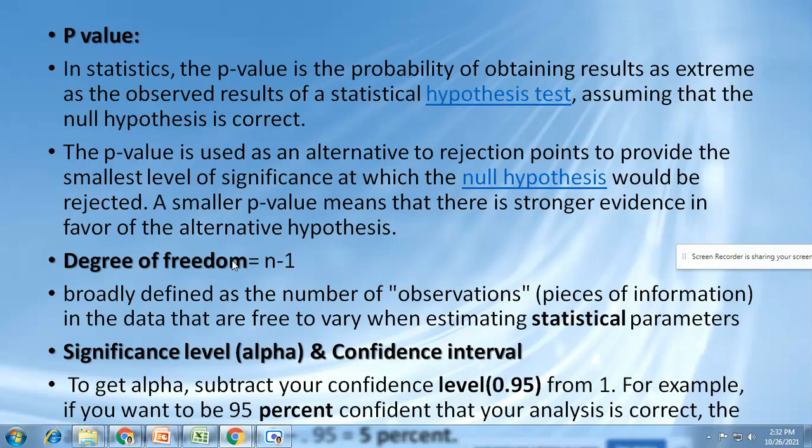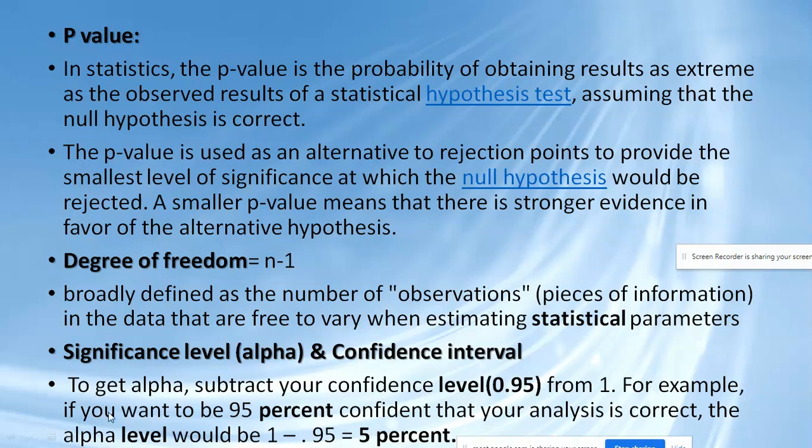Okay, so like that, confidence interval and significance level always go hand in hand. For example, if we want to be 95% confident that our analysis is correct, the alpha level would be 1 minus 0.95, that is 5%. So this is how we interpret p value, degree of freedom, significance level, and confidence interval.